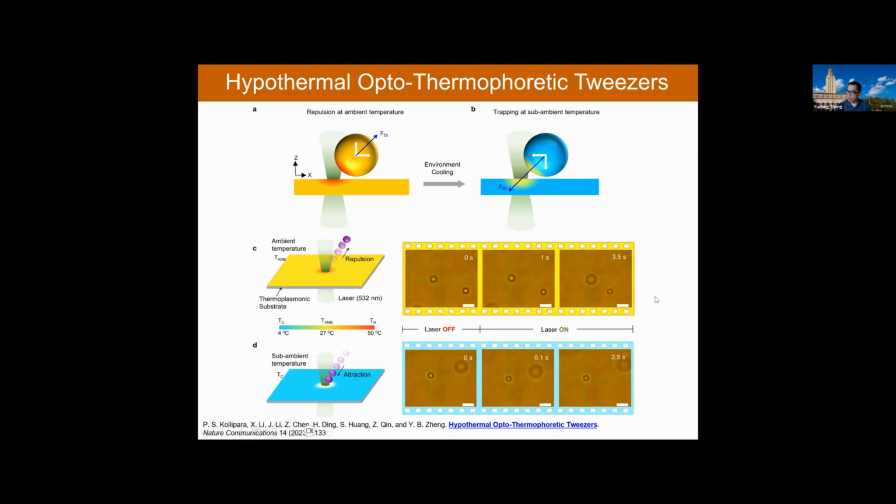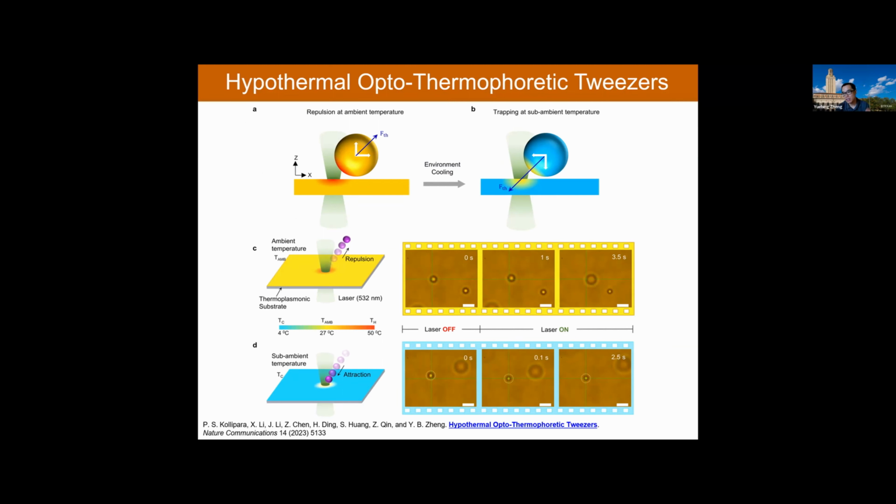But you may question, since we use a heat effect, in some cases biology may not like being heated up. It may kill the cells. So we further developed a technique called hypothermal, which means we can reduce the environmental temperature, so we can keep a safe environment. Another advantage of cooling down the environment is that in some cases we can flip the motion direction from hot to cold region, or from cold to hot region.